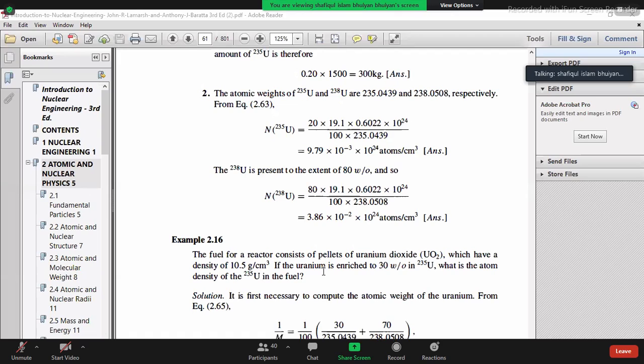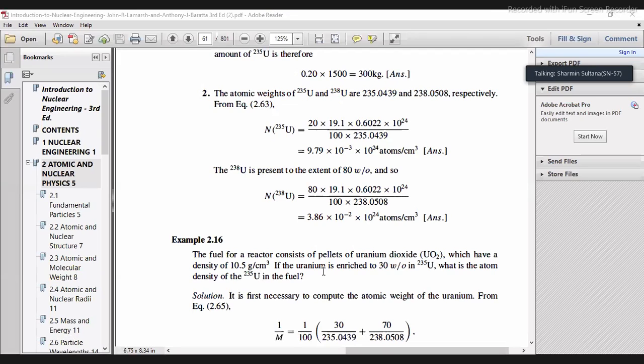Come on, please unmute. What will be the atomic weight of the uranium mix?